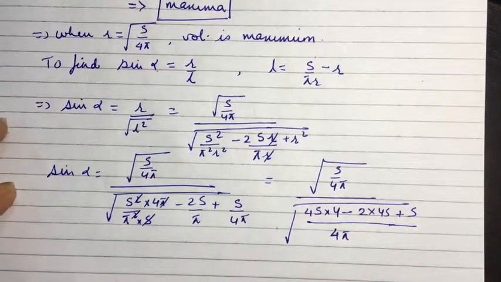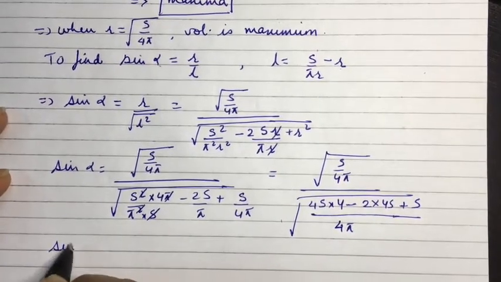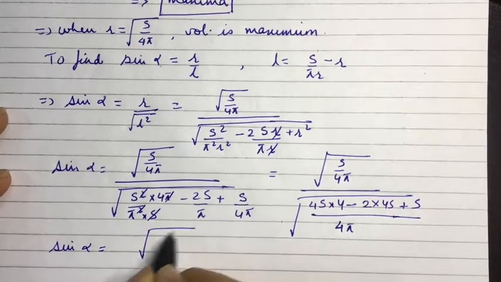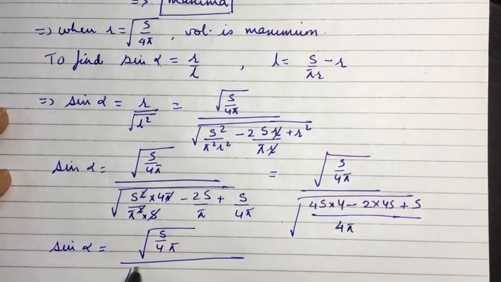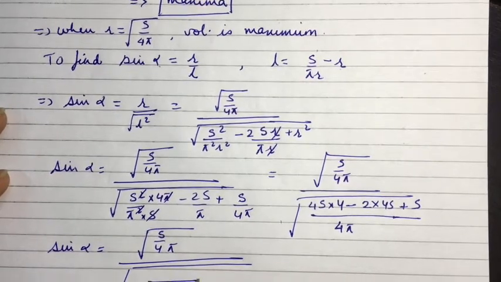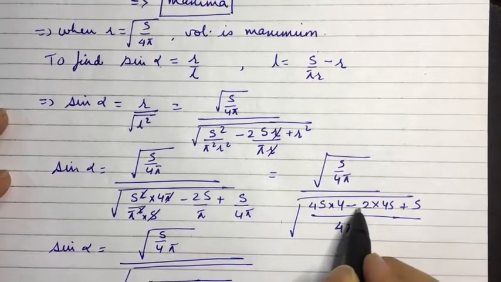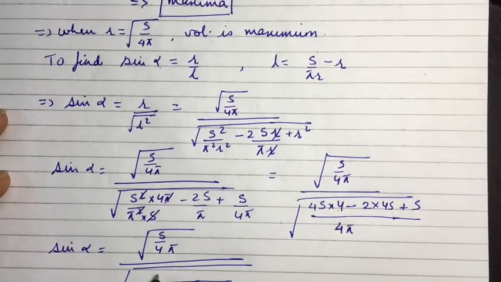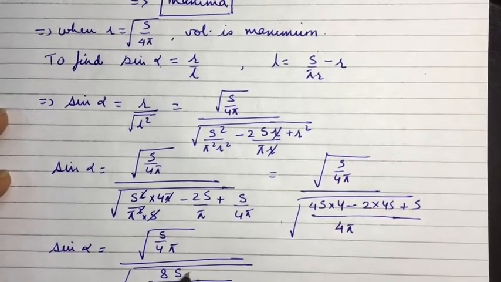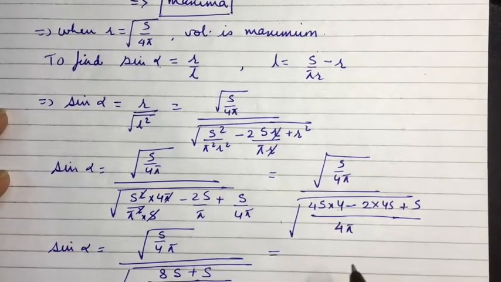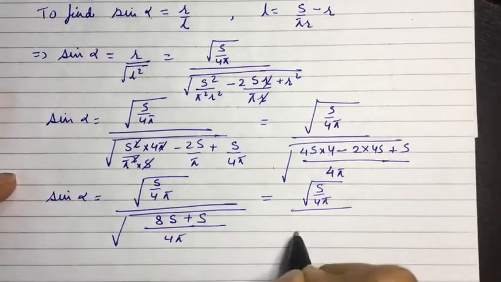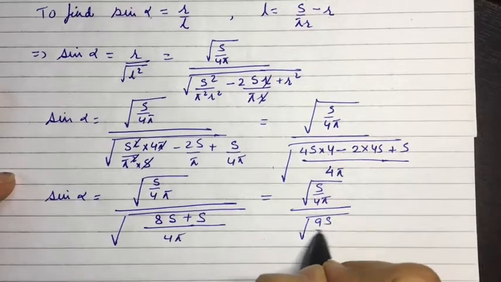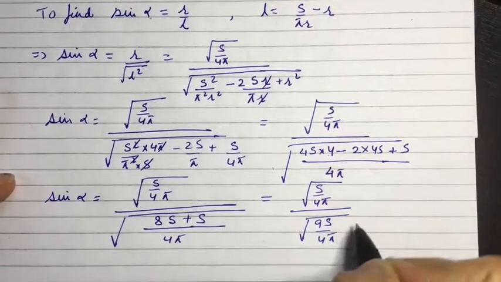So we get the answer as sine of alpha is equal to square root of s upon 4 pi whole upon, this is 4 pi, and now here this is 16 minus 8, that is 8s plus s, and this gives us under root of s upon 4 pi upon under root of 9s upon 4 pi.